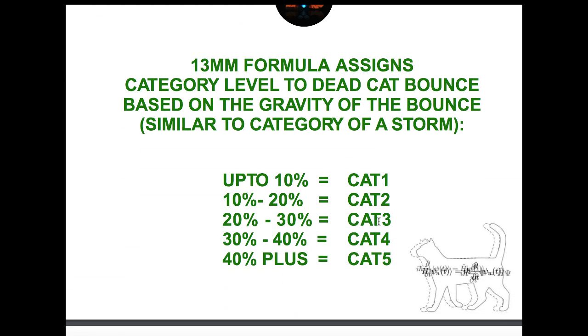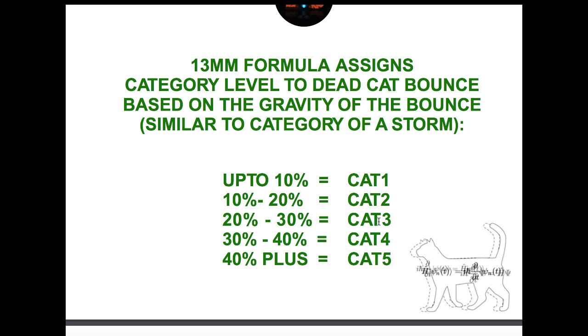And finally, the third component of this dead cat bounce calculation utilizing the 13 market moves is to understand the dead cat bounce itself. If you want to think of them as categories of a storm, we divide storms into category 1 through 5. Same thing if you choose to think of a dead cat bounce as a category of storm, like a tropical storm that's about to go through the island.